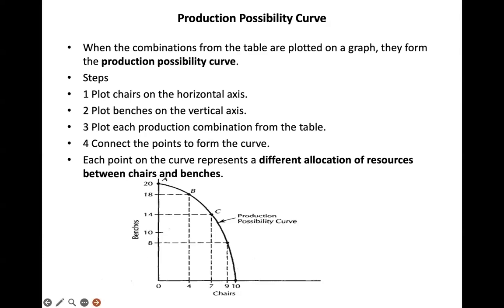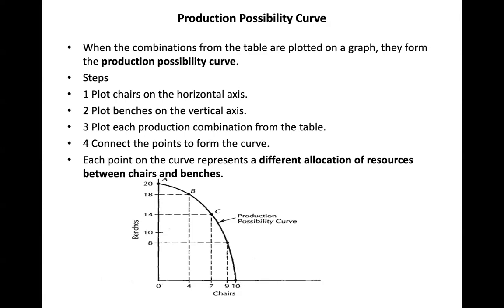You are just plotting the production. The issue is that when you are using all the resources to produce chairs, you are producing 0 benches. When you are using all the resources to produce benches, you are producing 20 benches and 0 chairs.